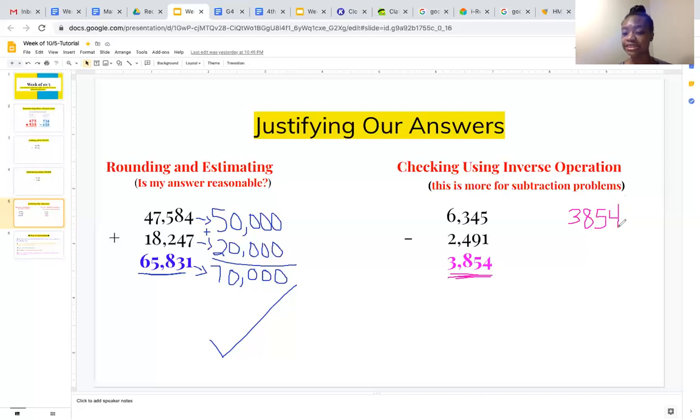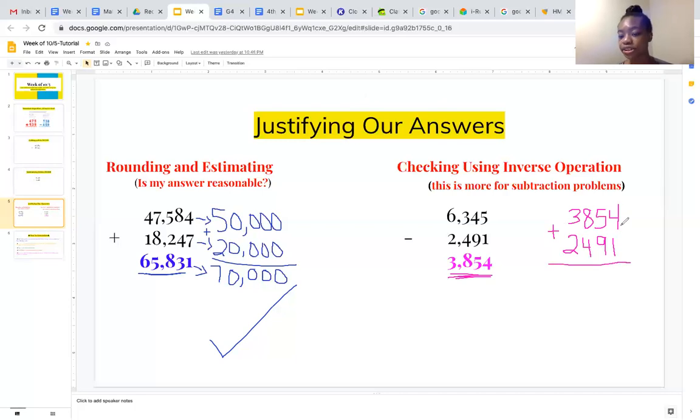So in this case, 2,491 is what we're going to add to our difference. We're using, right, the inverse operation. So addition is the inverse of subtraction.